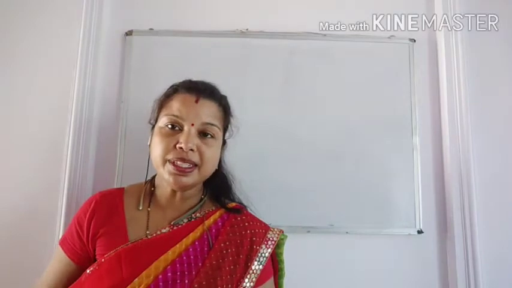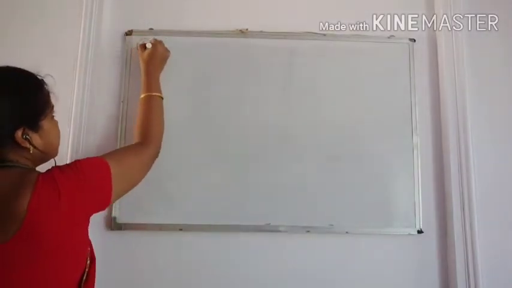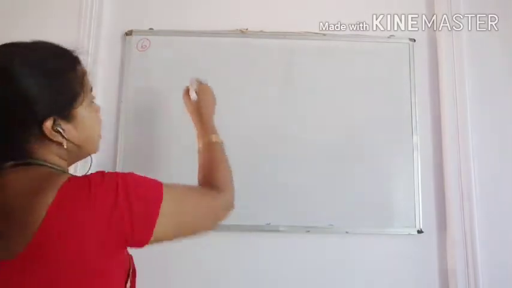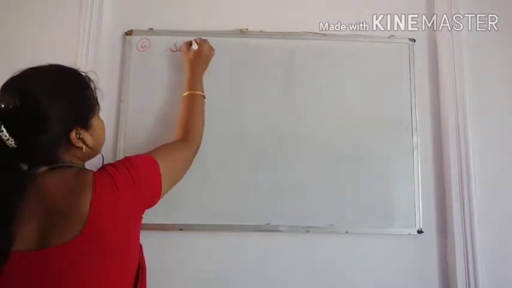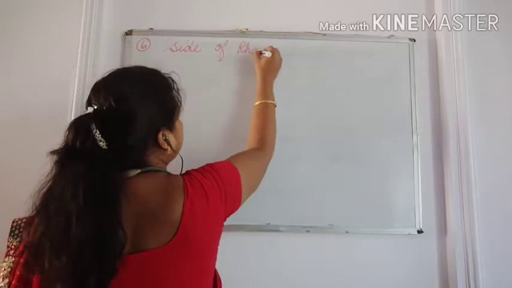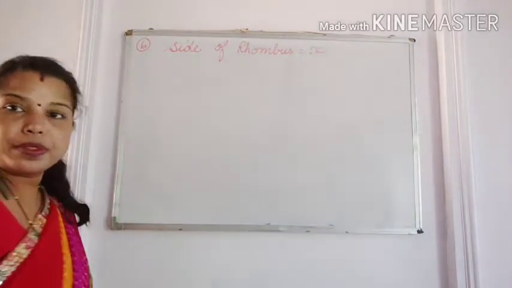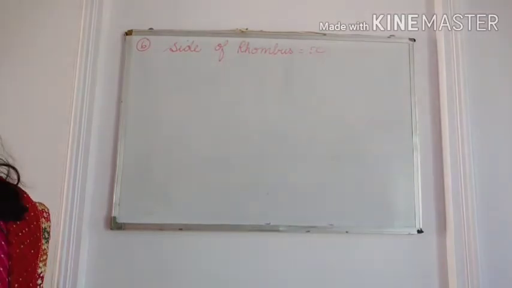Now question number 6. Find the side of a rhombus whose perimeter is 16 upon 5. That is question number 6. Side of the rhombus is x. Okay, what is given here, beta?